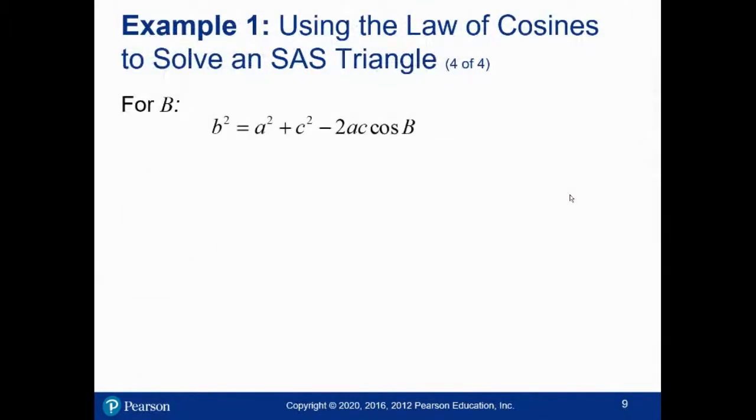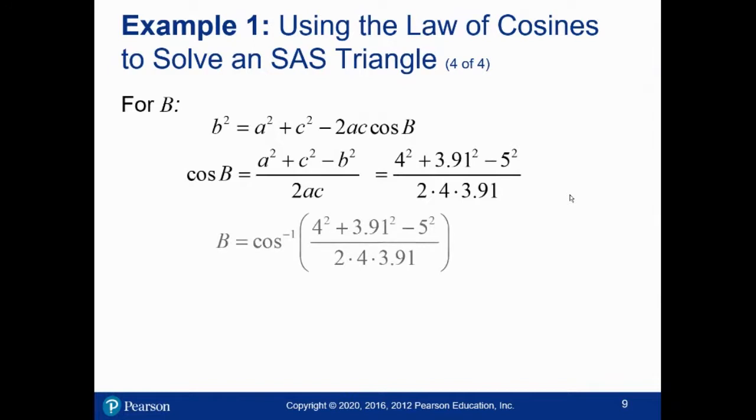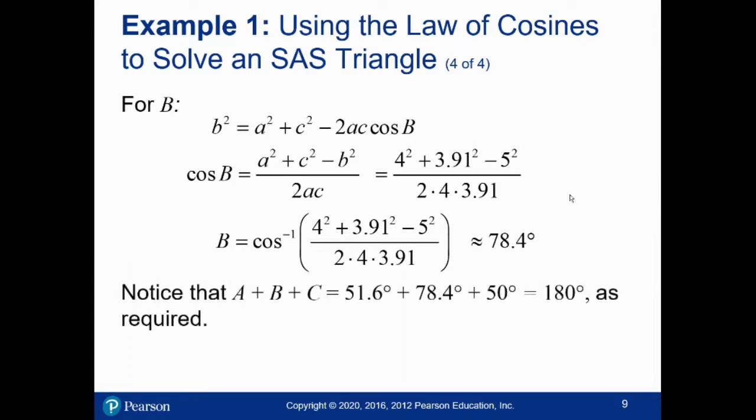Similarly, you do the same computation using the law of cosines version for B, and end up with B as the arc cosine of all this mess, which works out to be 78.4 degrees. Of course, since we already knew two angles, we could have just said 180 minus the two angles we already know gives us the missing one. So this is kind of overkill, but just to practice, we see that you can use the law of cosines to find missing angles.